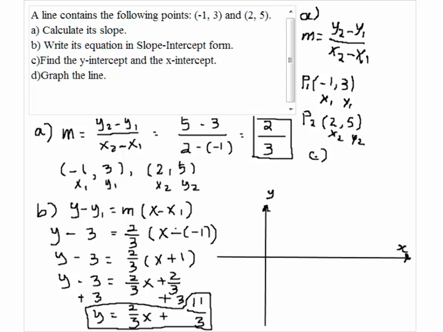C. Find the y-intercept and the x-intercept. The y-intercept could be easily found in B, which is 11/3. To find the x-intercept, first we set y equals 0 and solve the equation for x.